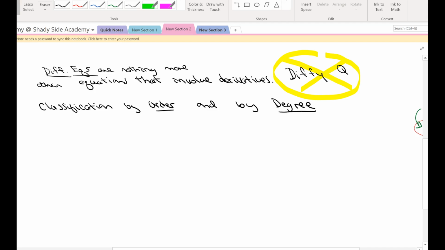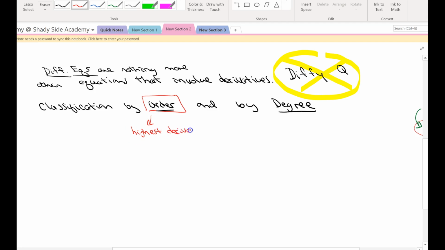When you talk about DiffyQs, there's ways to classify them. DiffyQs are classified in terms of their order and in terms of their degree. When you classify a differential equation by its order, what you are looking at in the differential equation is essentially the highest derivative represented.